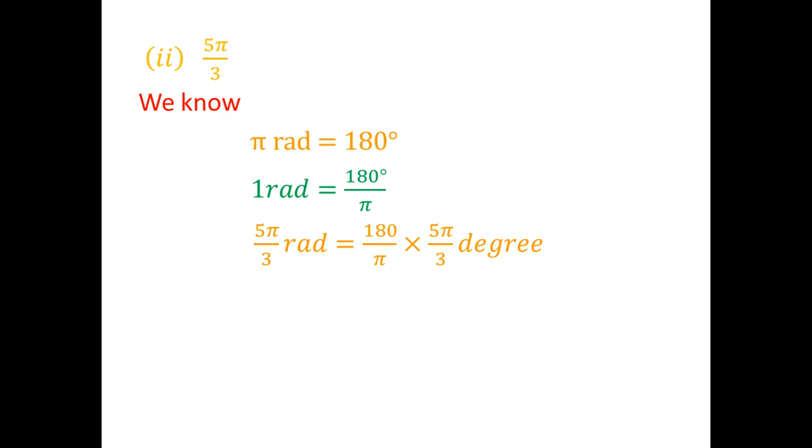We can cancel pi in numerator and denominator and 180 with 3. So our answer is 300 degrees. Very simple. We convert 5 pi by 3 into degrees, which is our answer 300 degrees.